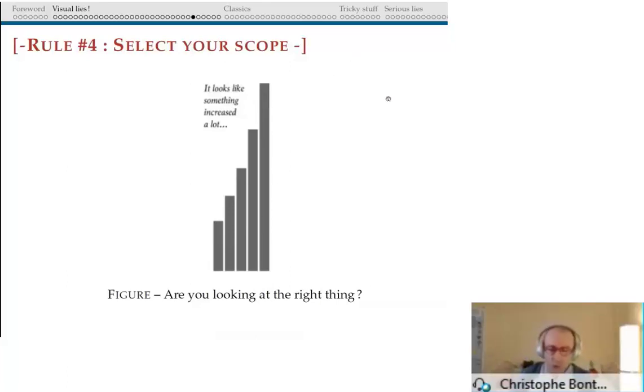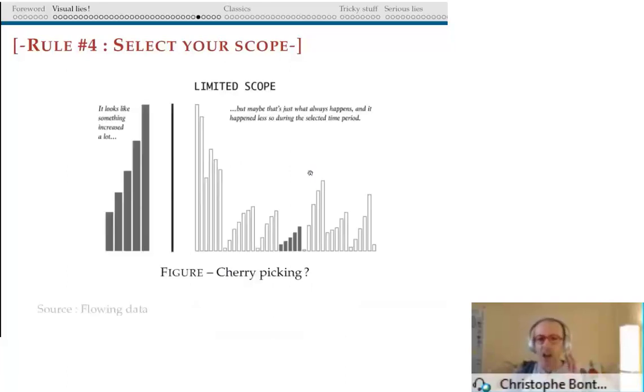But maybe you should look at the data source to see whether you are not looking at a short part of the data set. For example, what you saw is just this, which has been cherry-picked from the middle of a much longer series, and the author is just showing you what he wants you to see.